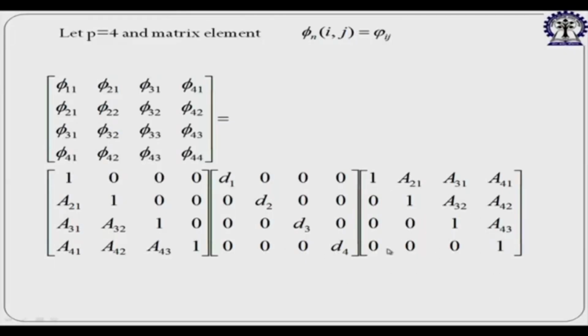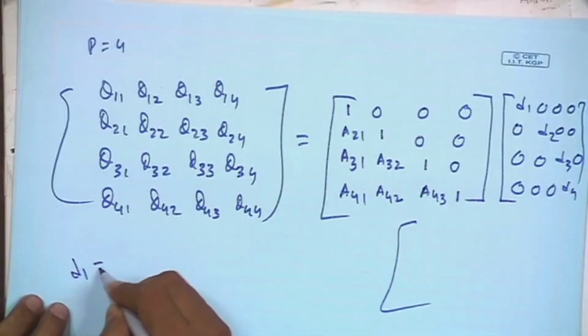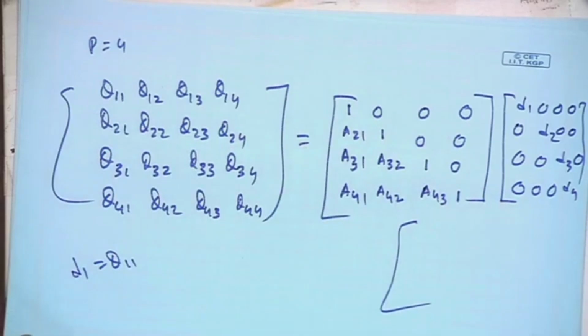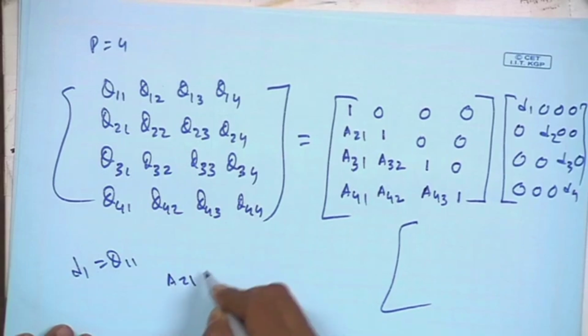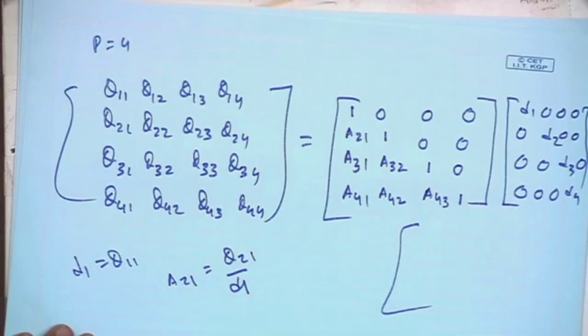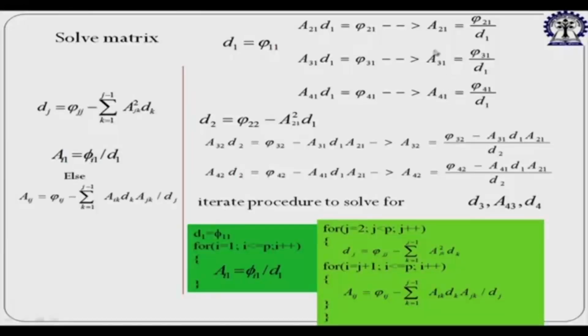Now, if I solve this matrix, D 1 is nothing but phi 1 1. Similarly, A 2 1 is phi 2 1 divided by D 1. A 3 1 is phi 3 1 by D 1, and A 4 1 is phi 4 1 by D 1.